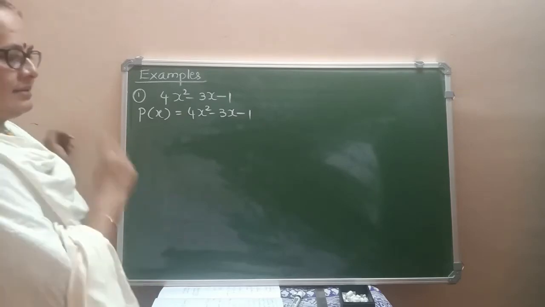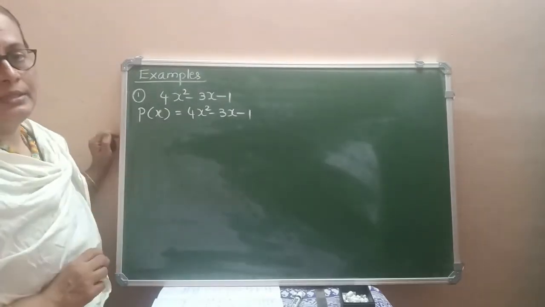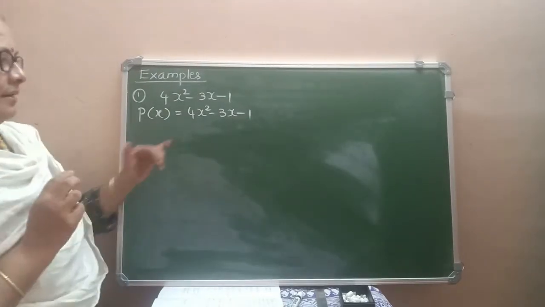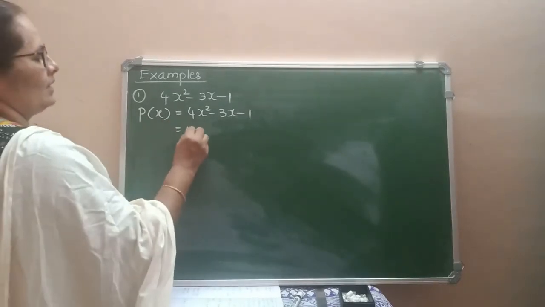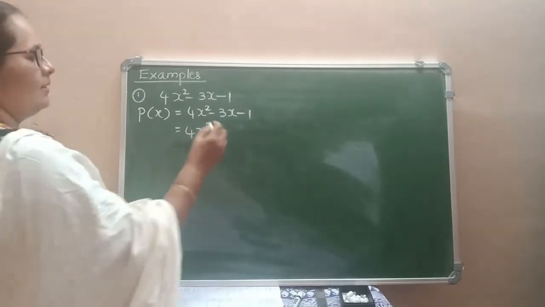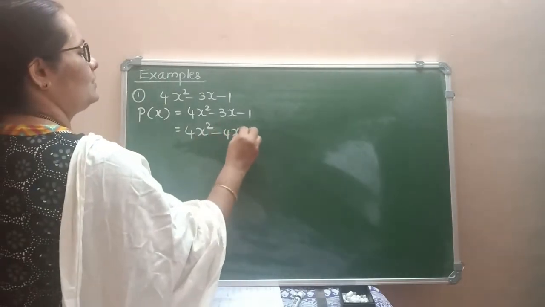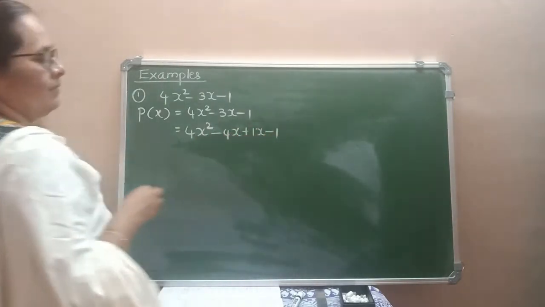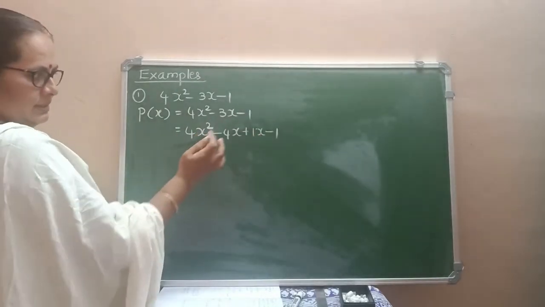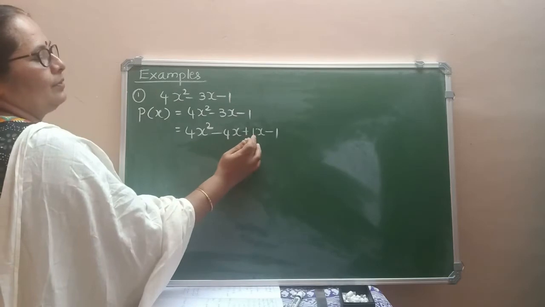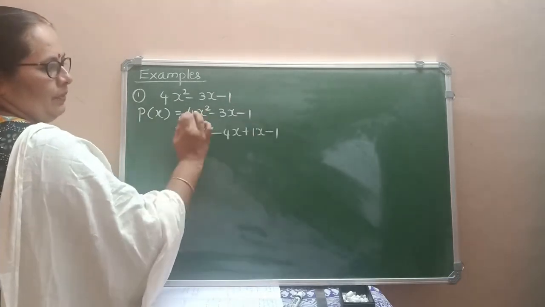First we factorize this and find the zeros. So factorization by splitting the middle term, that is 4x square, then minus 4x plus 1x minus 1. So minus 4x plus 1x is minus 3x, then minus 4 into plus 1 is minus 4.